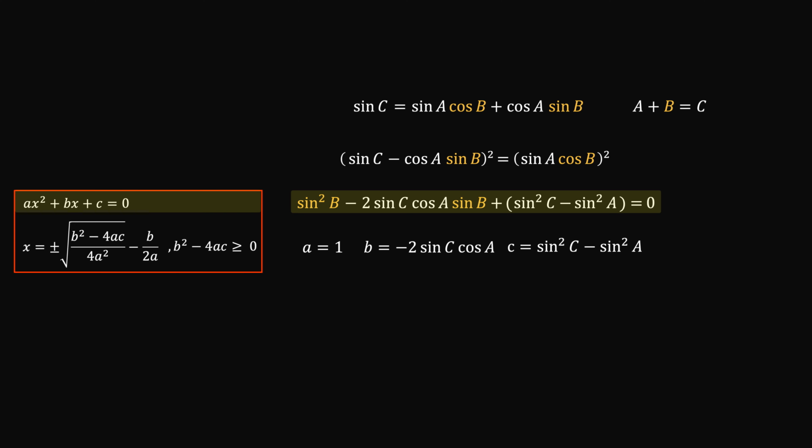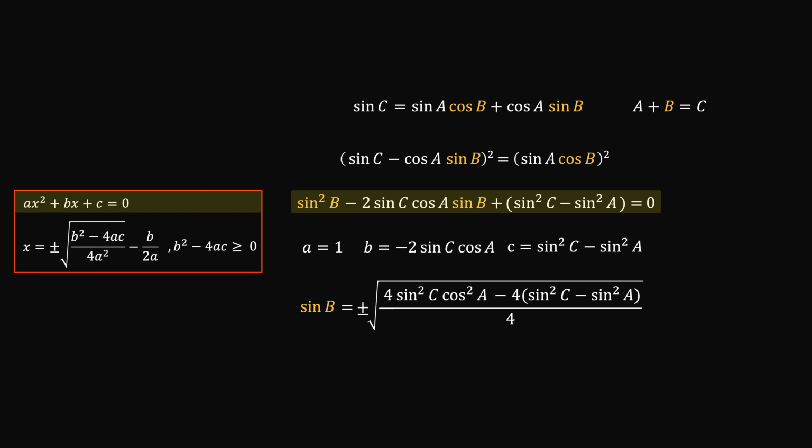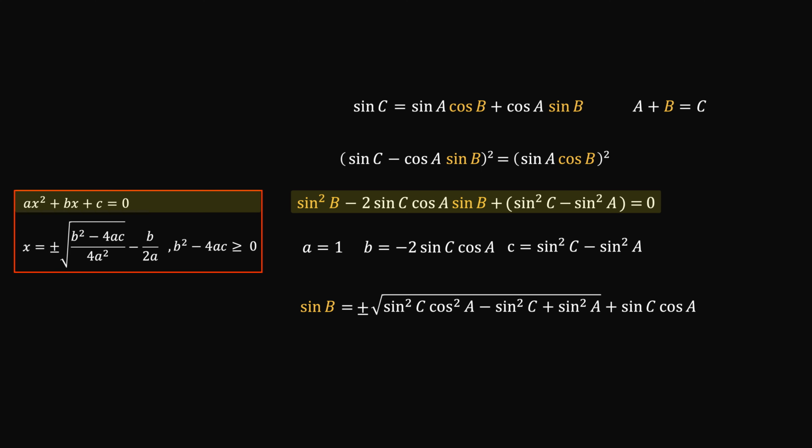Using this formula, we know that sine B is the square root of 4 times sine C squared cosine A squared minus 4 times sine C squared minus sine A squared, divided over 4. Take square root of that, plus or minus, then subtract minus 2 times sine C cosine A, over 2. These constants can be crossed out. We end up with this formula for sine B.